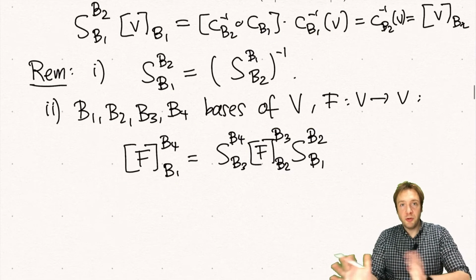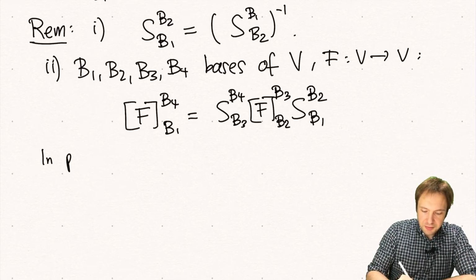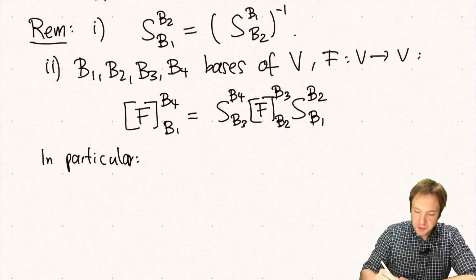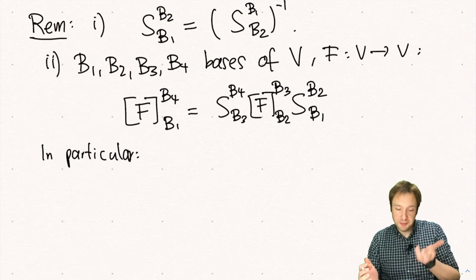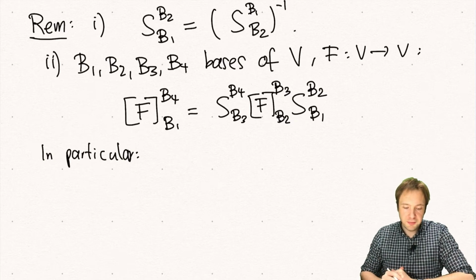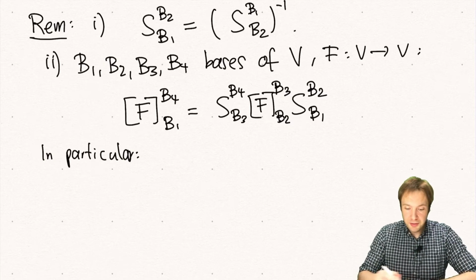But usually we will not consider 4 different bases. The special case in which we will be interested most will be just 2 bases, and one of them will usually be the standard basis, and then we will look for a different interesting basis and apply this.